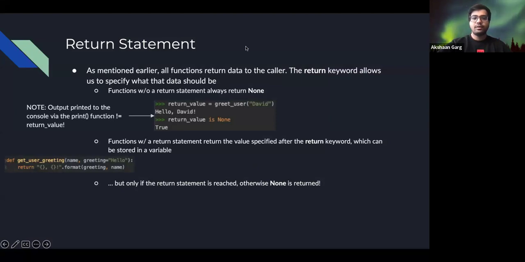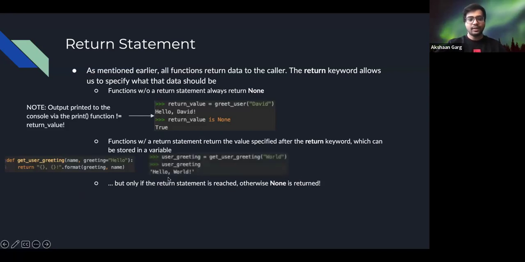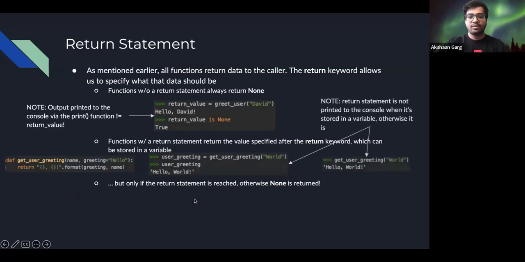So functions with a return statement return the value specified after the return keyword, which can be stored in a variable. In the example we have over here, we store it in a variable called user greeting, and then we can see that that variable gets the value that was returned by this function.